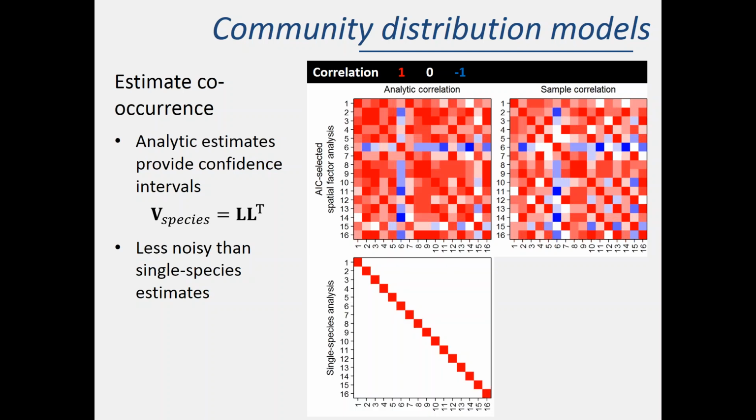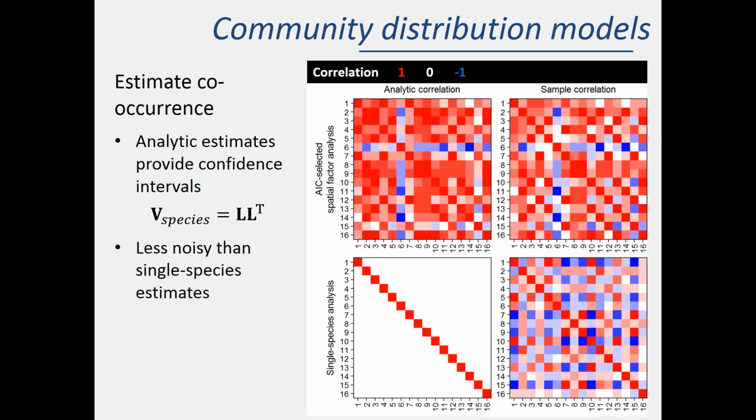If you fit a lot of single species models individually, the analytic correlation that you're assuming is that every species is independent, and an independent model for every species is essentially an implicit identity matrix for the correlation. And if you predict density from those single species models, you get something that just looks like gibberish.